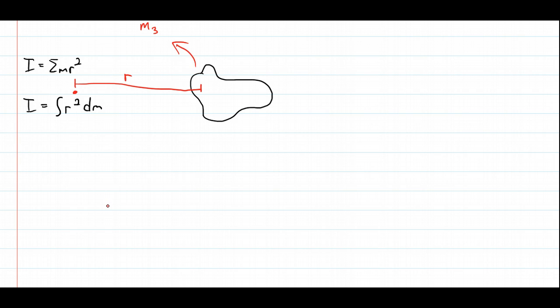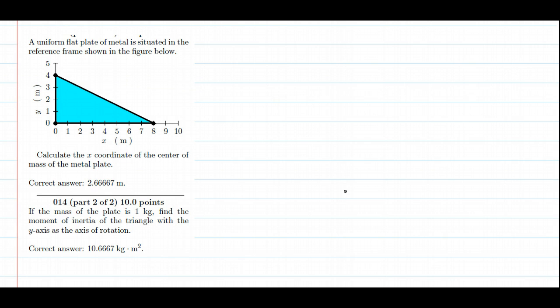So let's look at a more complicated example of how to find the moment of inertia of an oddly shaped object. Okay, so here we have one of your Quest problems on your homework assignment, and it basically gives us this right triangle on a coordinate system. In the first part, it asks to calculate the center of mass of the triangle.